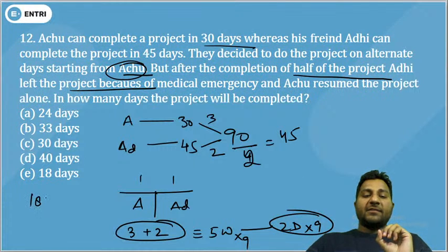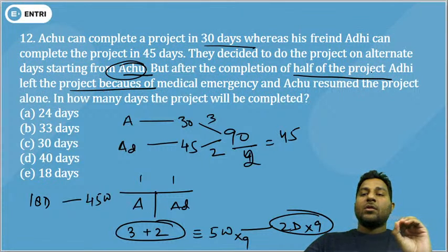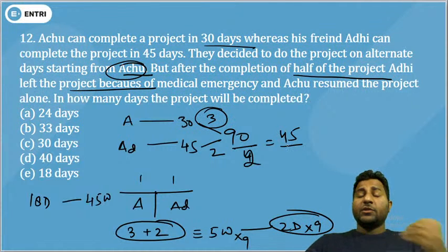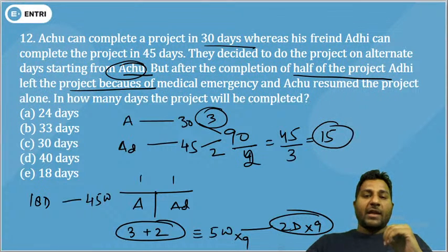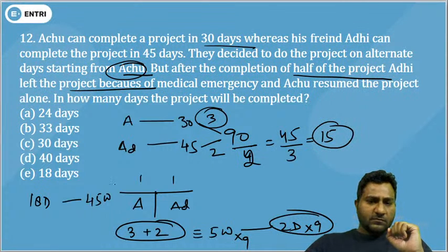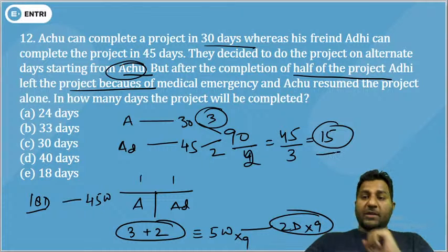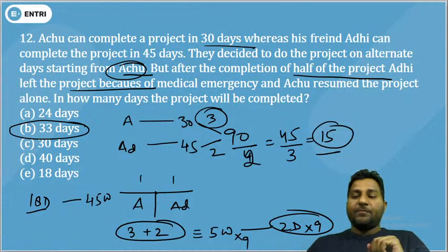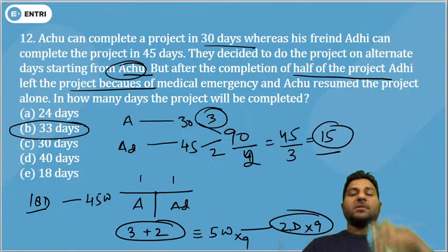In 18 days, they have completed 45 work. Now, who has left? Adhi has left the project. So only Achu has been left to do the remaining 45 work, and Achu has 3 units per day efficiency. So it will be divided by 3. So 18 plus 15, that means 33 days will be the correct answer. Yes, very good.